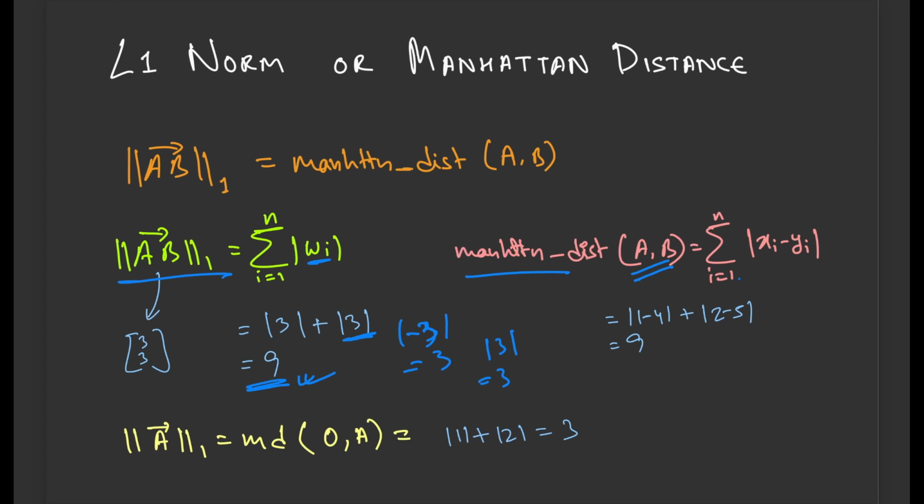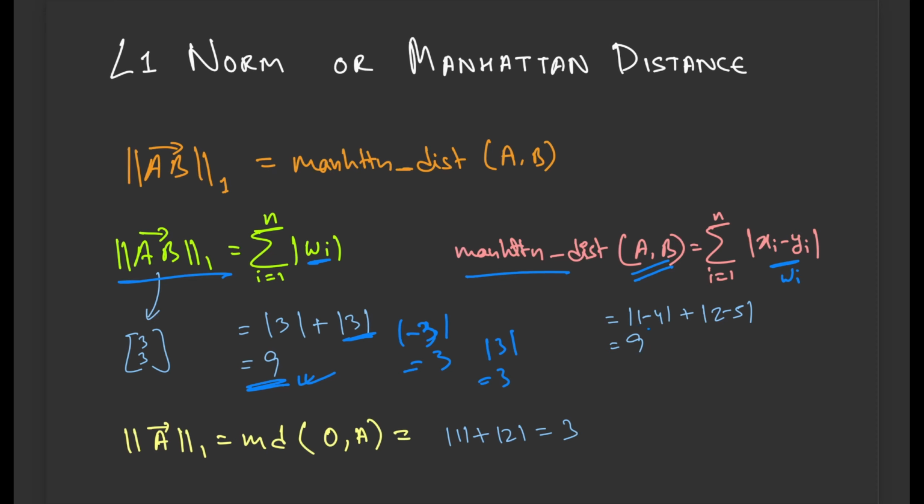Summation over i equals 1 to n of absolute value of xi minus yi, where xi is a component of A and yi is a component of B. Okay, so we take the difference. Basically, this is giving us wi. So we take 1 minus 4, we take the absolute value, so we'll have minus 3, right?